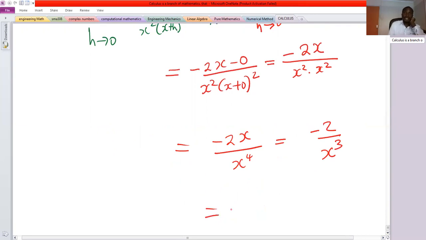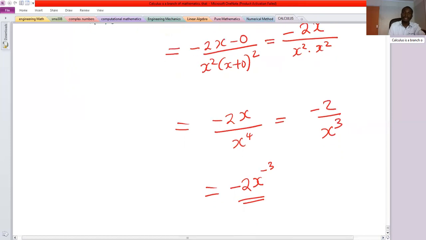Which is the same thing as writing minus 2x raised to power minus 3. So the limit exists.